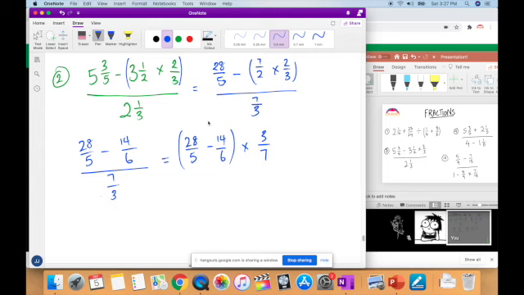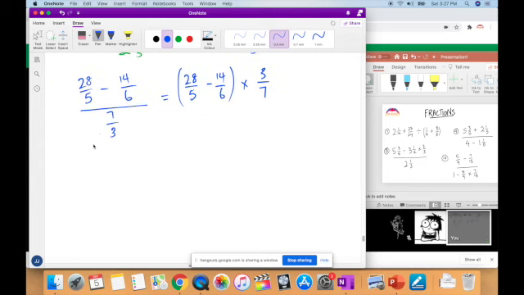And now I'm still doing the same thing. I'm still going to work out inside the brackets first, right? So inside the brackets is going to give me 6 5s are 30. And then, ooh, we have some big numbers here. Where's 5 times 14? 70. And then 28 times 6 is 168.